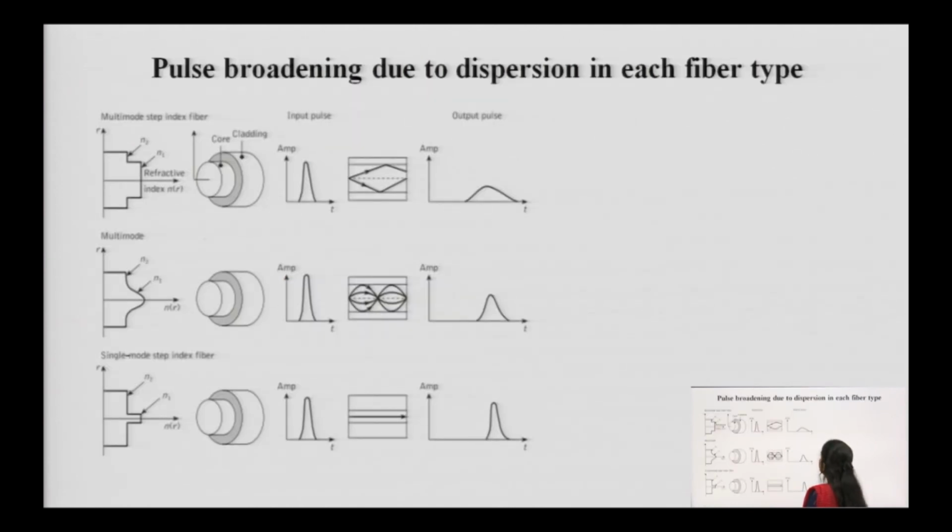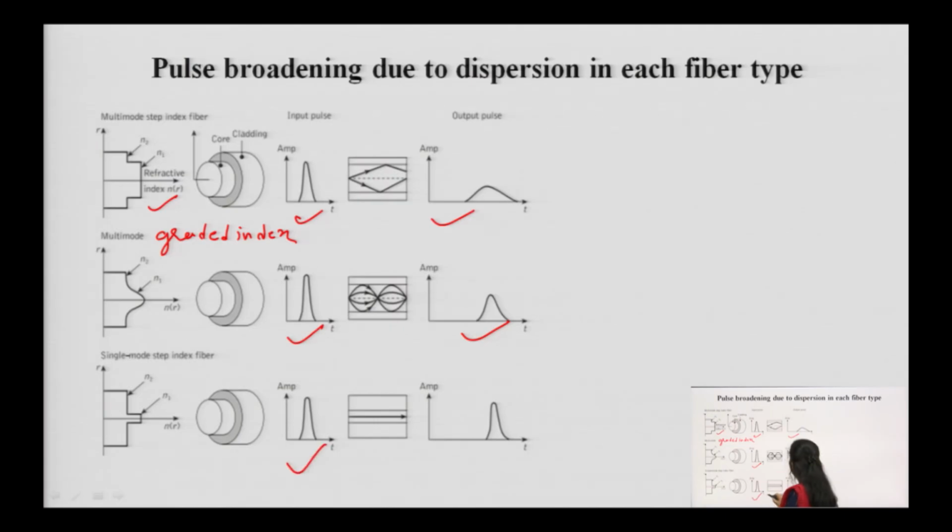Now, this is the example of dispersion in each type of fiber. This is the multimode step index fiber, this one is the multimode graded index fiber, and this is the single mode fiber. We can easily see the input and the output.